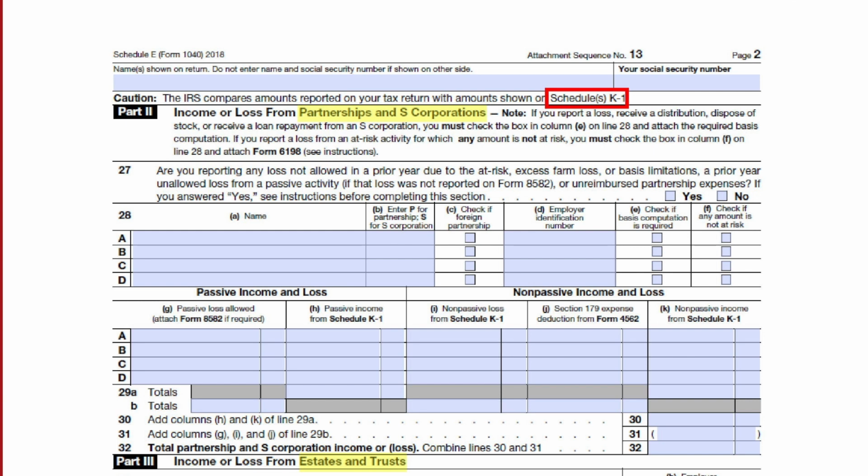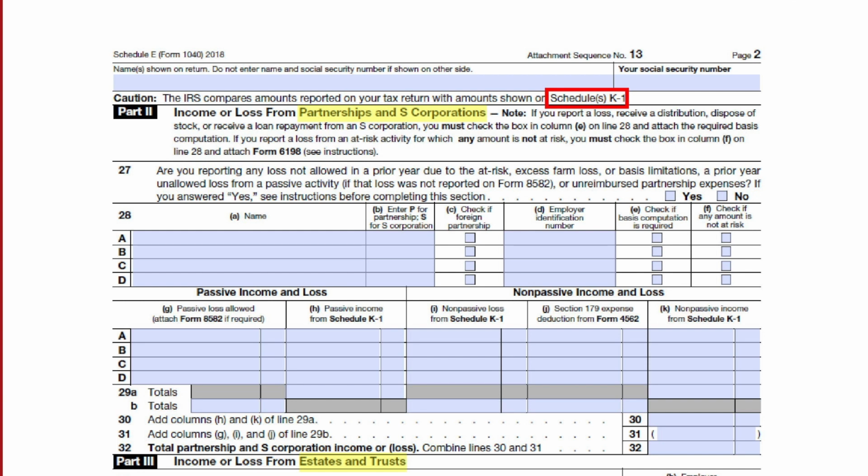He gets a K1 from each S corporation that he's a shareholder in. Or he gets a K1 from estates and trusts where he's a beneficiary. And the IRS compares amounts reported on the individual's tax returns with the amounts shown on all those Schedules K1.